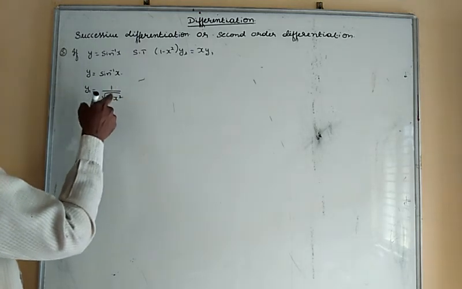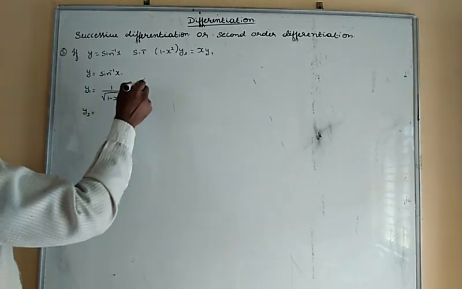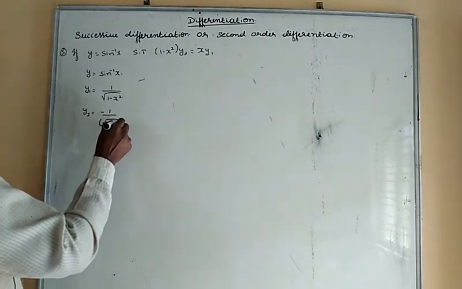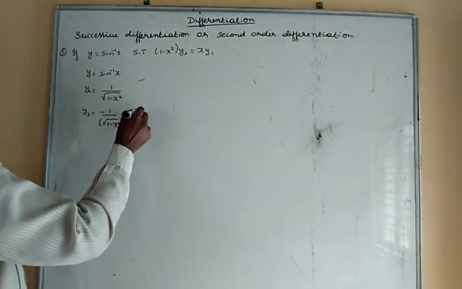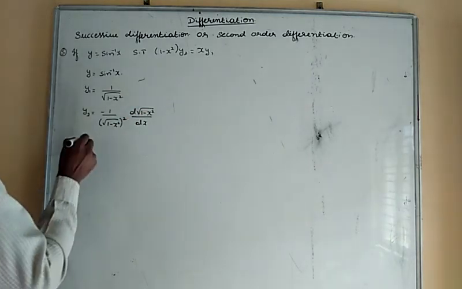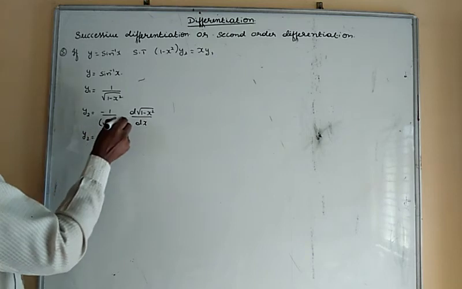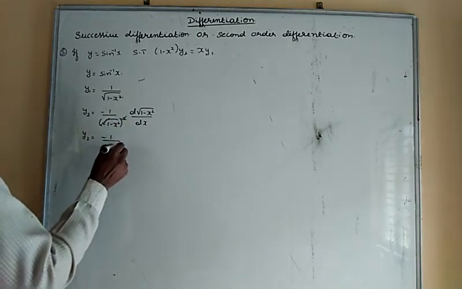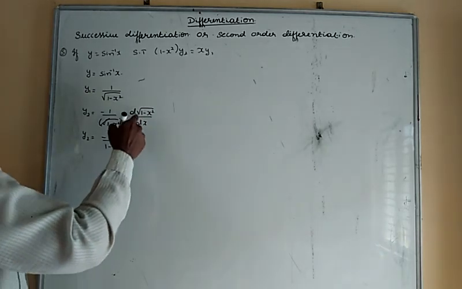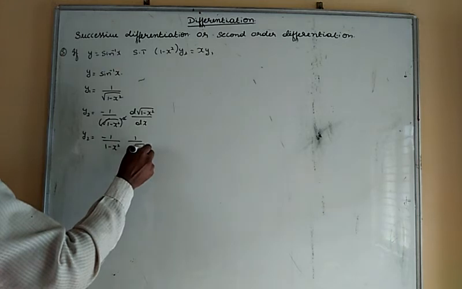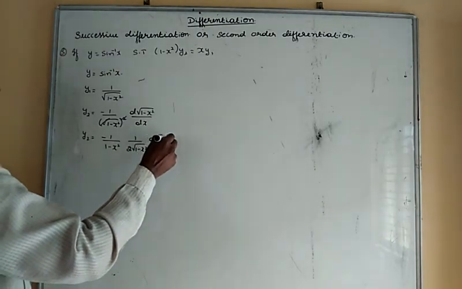So minus 1 by square root of 1 minus x square whole square, again chain rule, 1 minus x square differentiation. So y2 is equal to, square root gets cancelled, minus 1 by 1 minus x square into differentiation of root of 1 minus x square, which means 1 by 2 root of 1 minus x square, again differentiation of 1 minus x square.